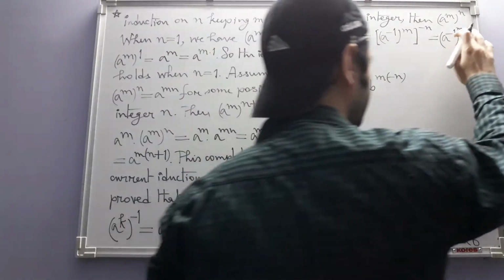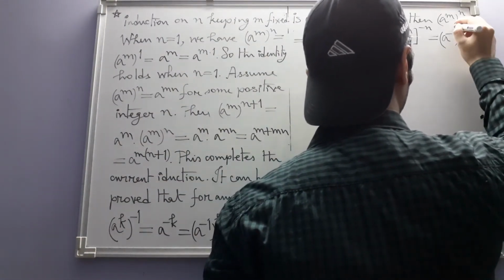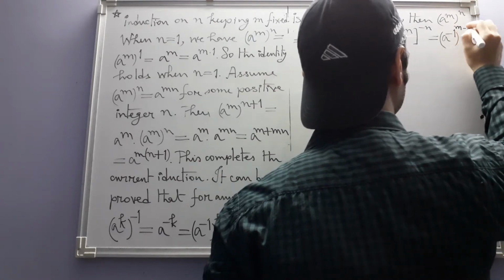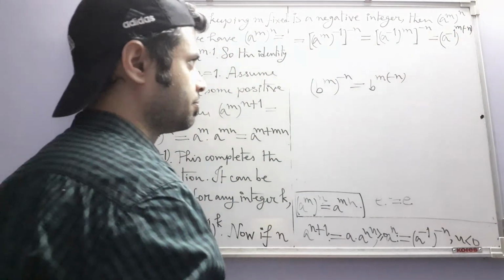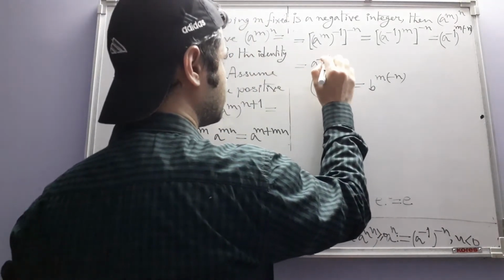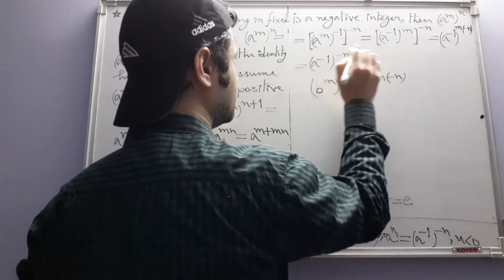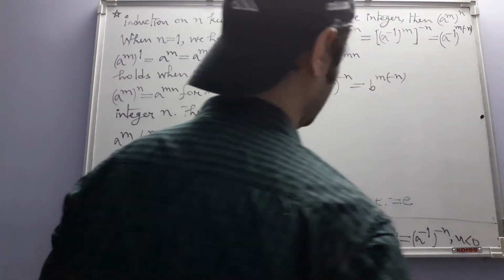I hope you can see this. M times minus n, and this becomes a inverse to the power minus mn.